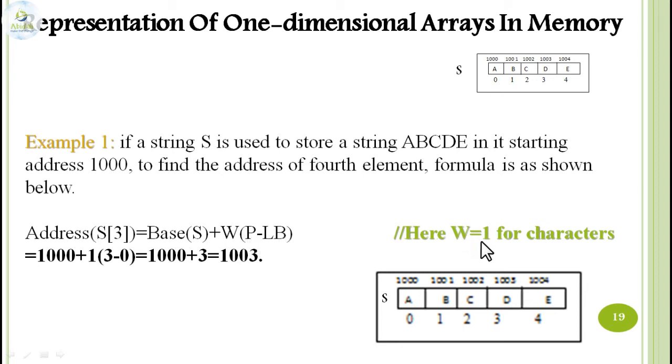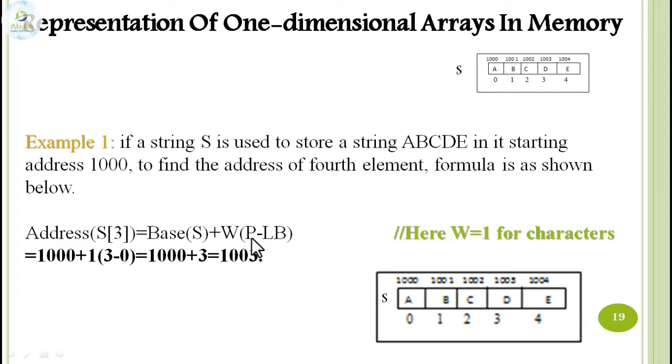Here W is equal to 1 because the array is of character data type. Base address is 1000, as you can see the starting address of the array clearly visible in this diagram, plus 1 next. Plus 1 comes from the width of the character array, 1.